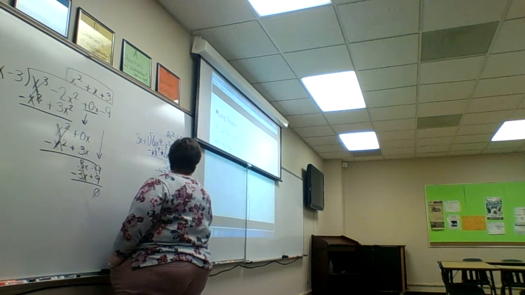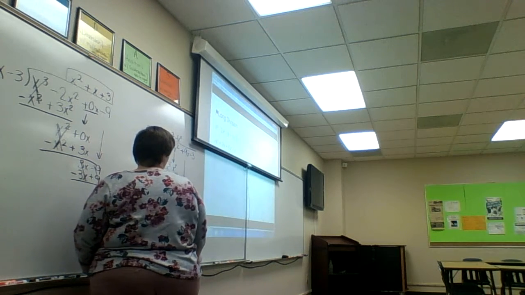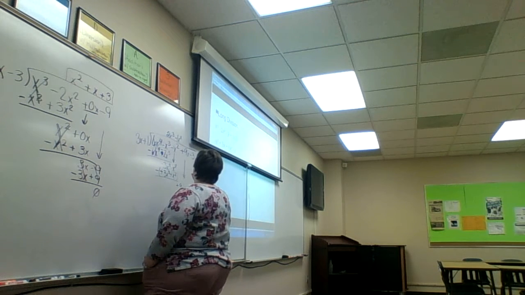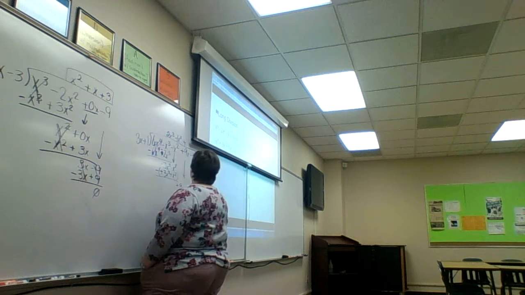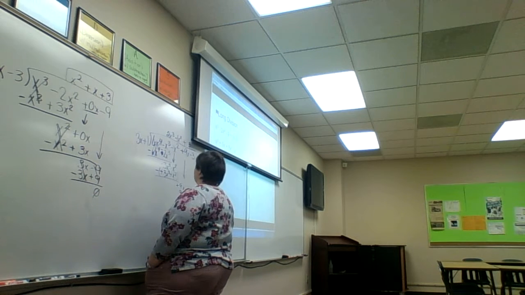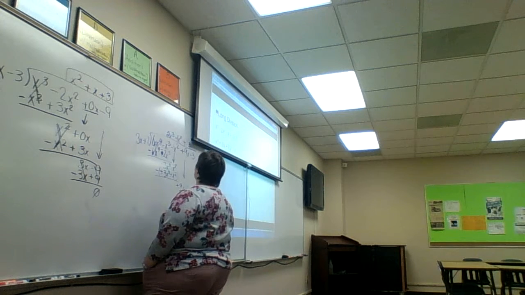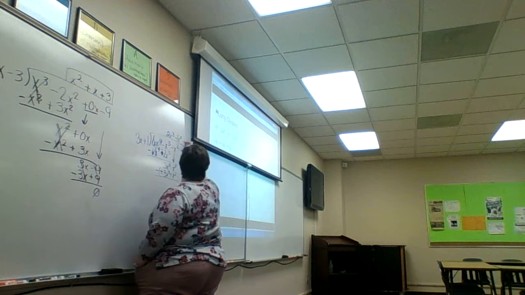Okay, with this 9x, 3x will go into 9x. Actually, this should be a 0. No. So 3x will go into 9x 3 times. Bring that down because I should put the 0.